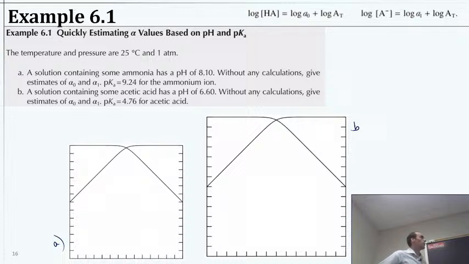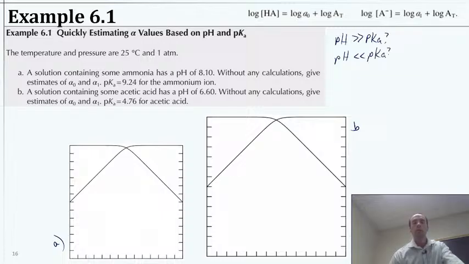So think about what we were just talking about and consider whether pH is a lot greater than pKa, or if the reverse is true, it's a lot smaller than pKa. What can you simplify about the alpha equations?